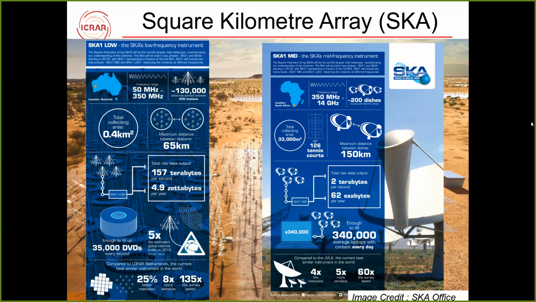And this large collecting area gives unprecedented sensitivity of this radio telescope. As you might also know, the higher frequencies will be handled by the South African component, and this one will observe between 350 megahertz up to 14 gigahertz.